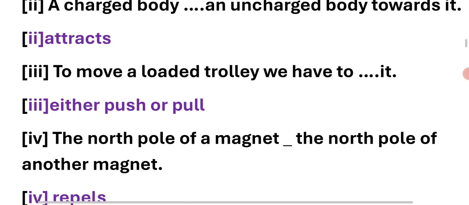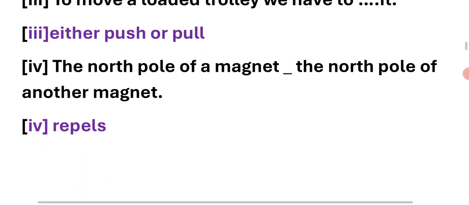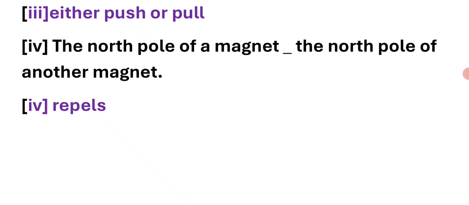Third one, to move a loaded trolley, we have to dash it. To move a loaded trolley, we have to either push or pull it. Fourth one, the north pole of a magnet dash the north pole of another magnet. The north pole of a magnet repels the north pole of another magnet.